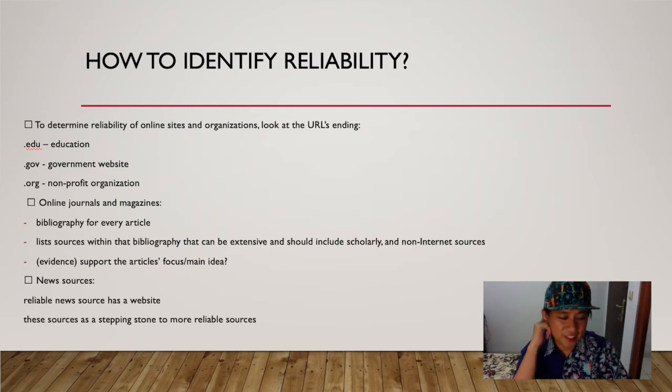This is where you'd find statistics, objective reports. And then if you found a website that ends with .org, then these websites are normally websites of nonprofit organizations, and most of them are highly reliable.